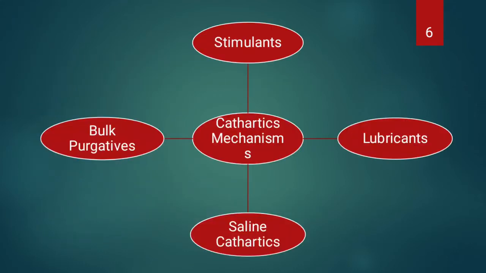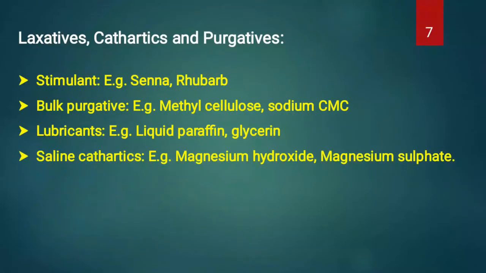Types of cathartics. On the basis of mechanism, cathartics can be further categorized into stimulant cathartics, bulk purgatives, lubricants, and saline cathartics. Laxatives, cathartics, and purgatives classification includes stimulants, examples are senna and rhubarb.